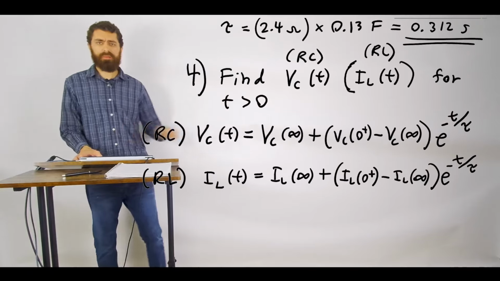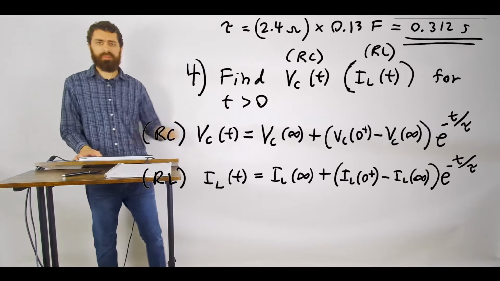We call this exponential term the natural response, sort of that transient voltage that's produced during the switching, but then it settles down. And it makes intuitive sense, right? You've got an initial voltage here, and then you subtract the final voltage to get the magnitude of that transient, basically. And then this e to the minus t over tau term dictates how rapidly the signal or the transient dies off.